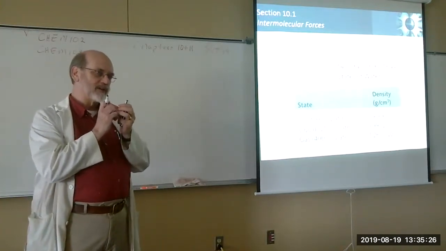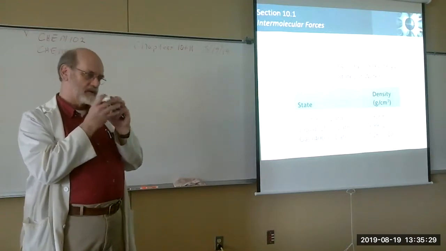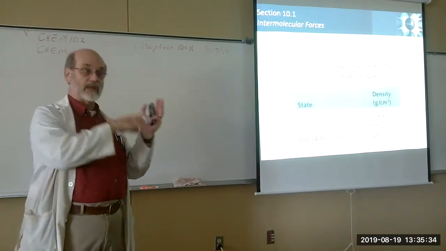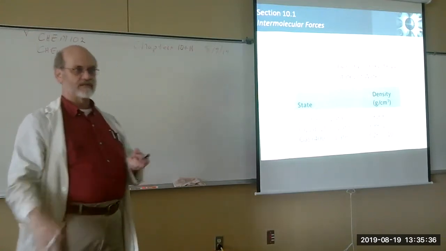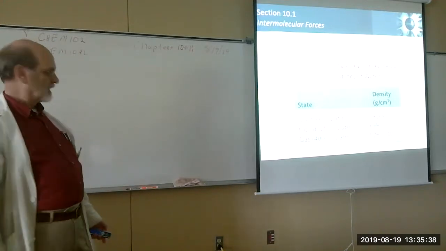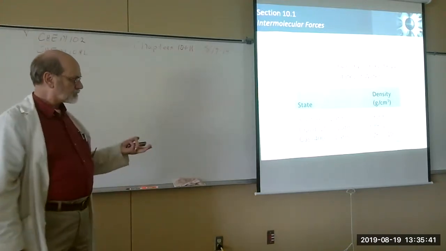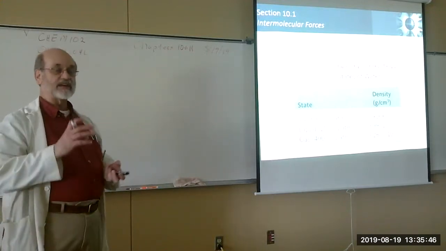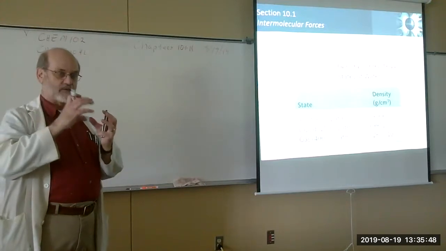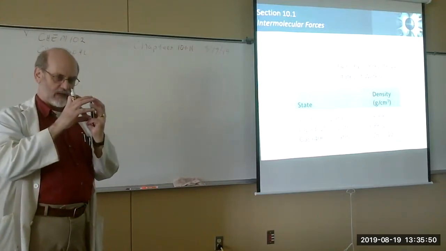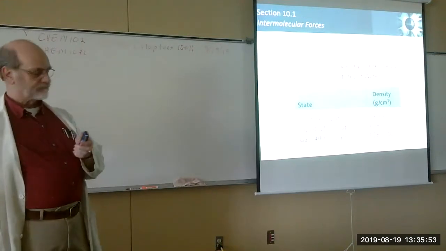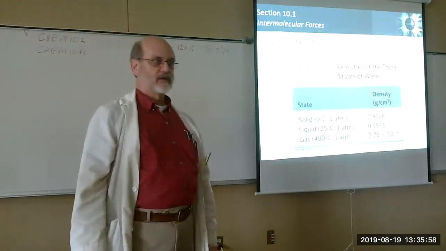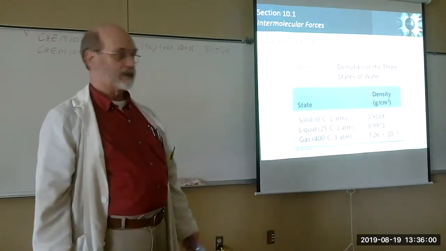And then at 4 degrees, you start getting some regular interactions. And then the density goes down again until you reach ice, and that's the point at which it's lowest. As you continue to freeze ice below 0 degrees centigrade, the density increases again. It tends to allow them to shrink and become closer and closer and closer. So the density of ice at the bottom of a glacier is pretty high by comparison.